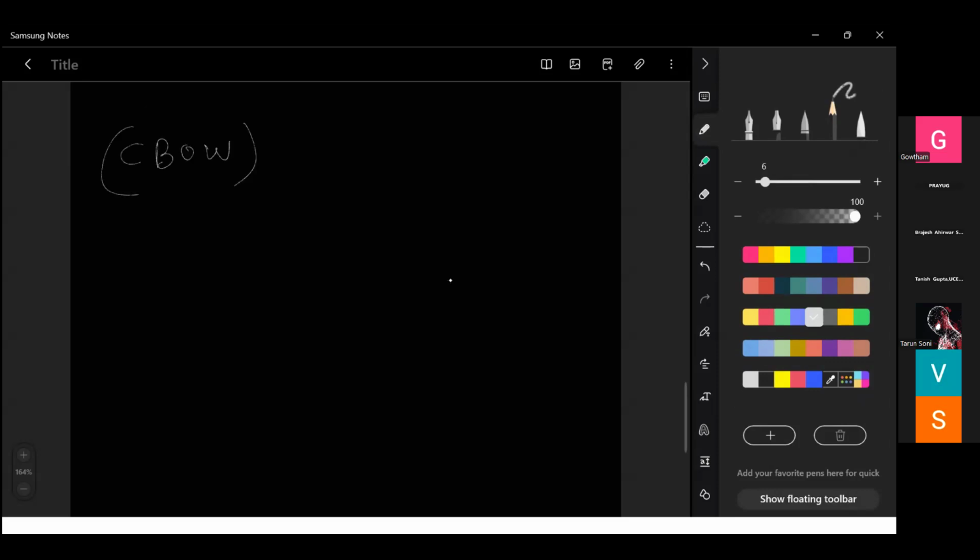Okay? Continuous bag of words, and after that something called skip-gram. These are the two techniques word2vec is using.